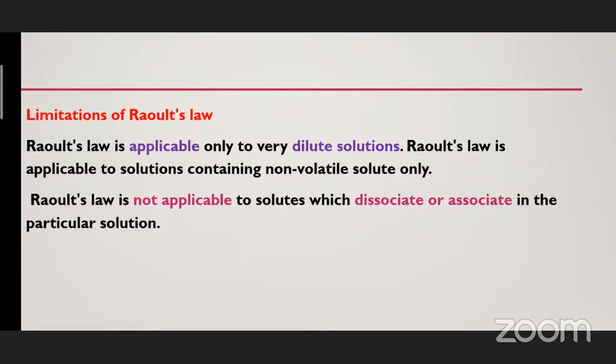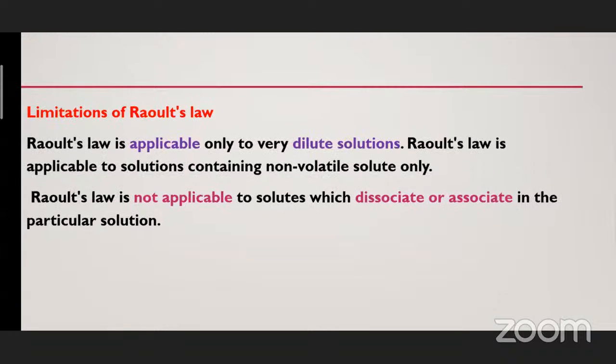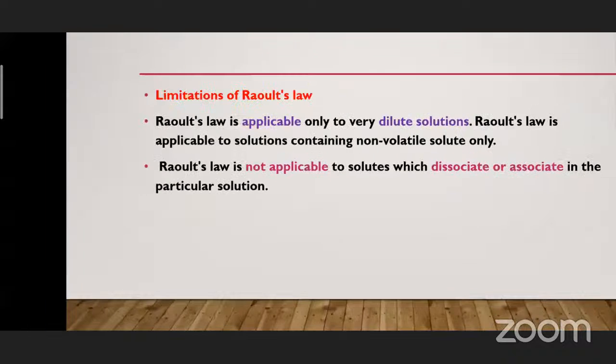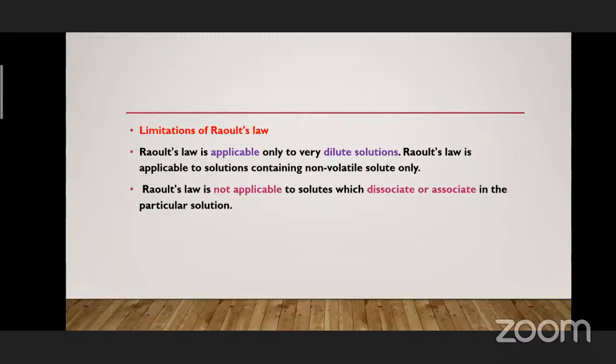So such type of solutes which either associate or dissociate, for such solutes, Raoult's law is not applicable. This is a very, very important concept. You all have to learn Raoult's law, its limitations and deviations, positive deviation, negative deviation. This is very, very important for your competitive exams as well as for your intermediate public exams.